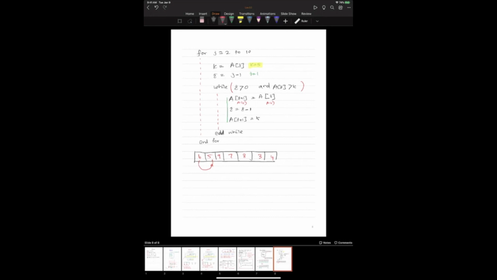You will just compare these two. If the right one is smaller, as in this case, you will just switch them. You will make it 5 and 6, and move on that way, and you will keep on switching them, because we want it from lowest to highest.